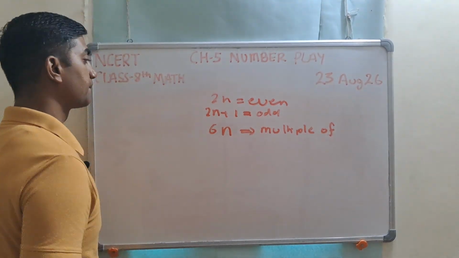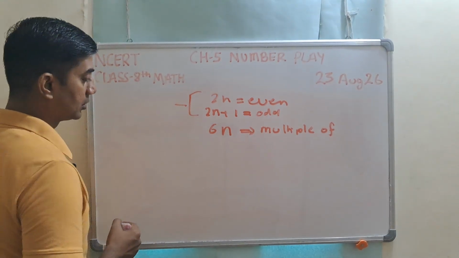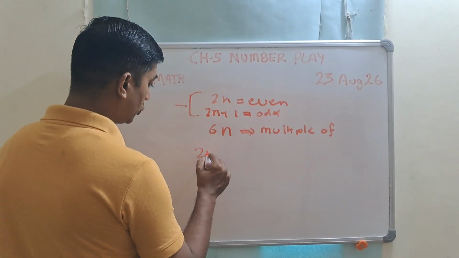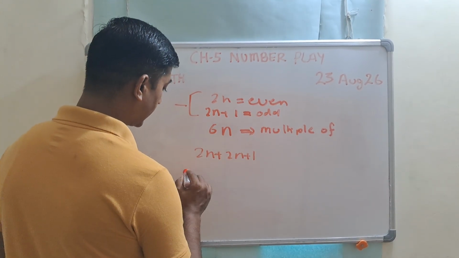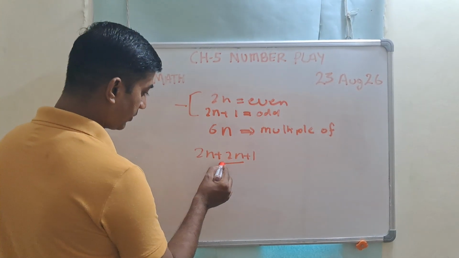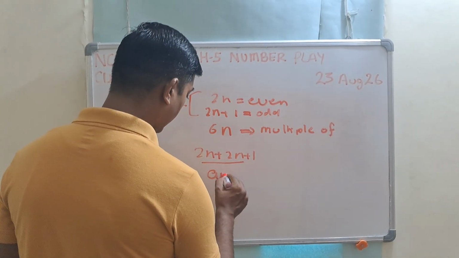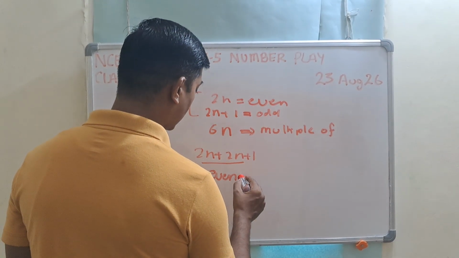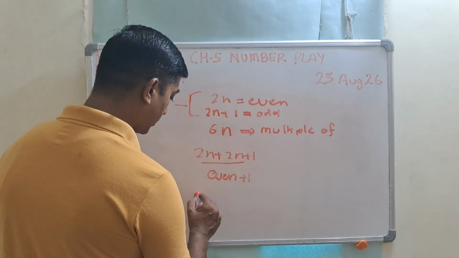So we'll add these numbers. Now see, 2n plus 1 is the result. When these two numbers are added, 2n plus 2n is even, and this is 1, so our result will come odd.